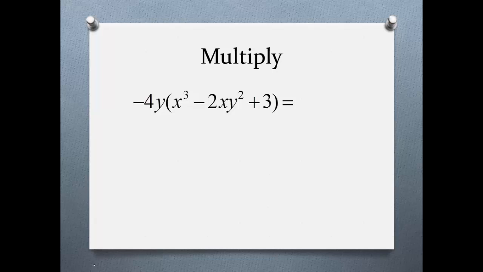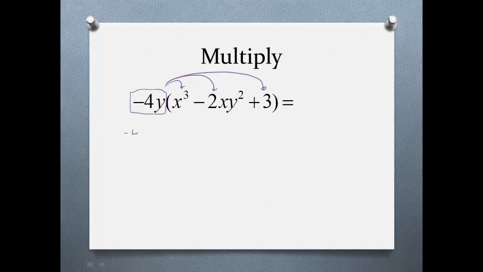Let's look at another. Here's a monomial multiplied by a trinomial. And in this case, we have some negatives that we need to be careful about. So I'm taking this monomial of negative 4y and I'm distributing it to each of these terms. And anytime you distribute a negative, you need to be really careful.